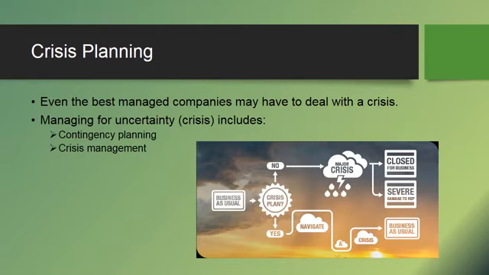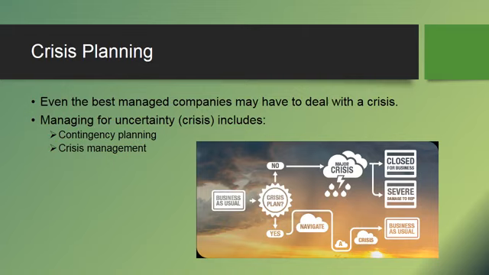So, in addition to our regular management, we also have to have crisis planning. And even the best managed companies may have to deal with a crisis. Just because you are an ethical company that uses ethically sourced materials and that all of your workers are, there's a diversity and a gender neutral perspective, you've done everything right.